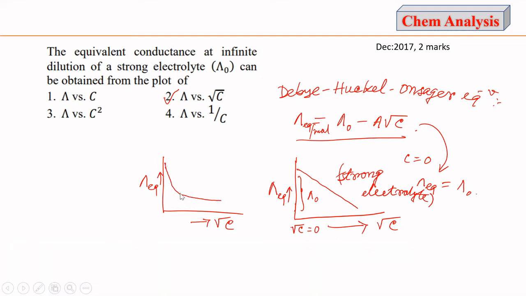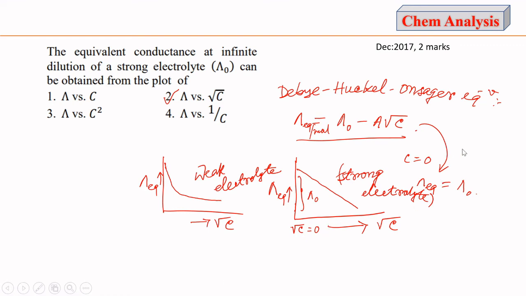Here you can see that there is a sharp increase in the equivalent conductance at infinite dilution. So it is difficult to calculate the lambda 0 value for a weak electrolyte from this graph, that is lambda equivalent versus root over C. So for this, to calculate the lambda 0 value for a weak electrolyte, we have to use Polymer's equation. That I am not telling here.